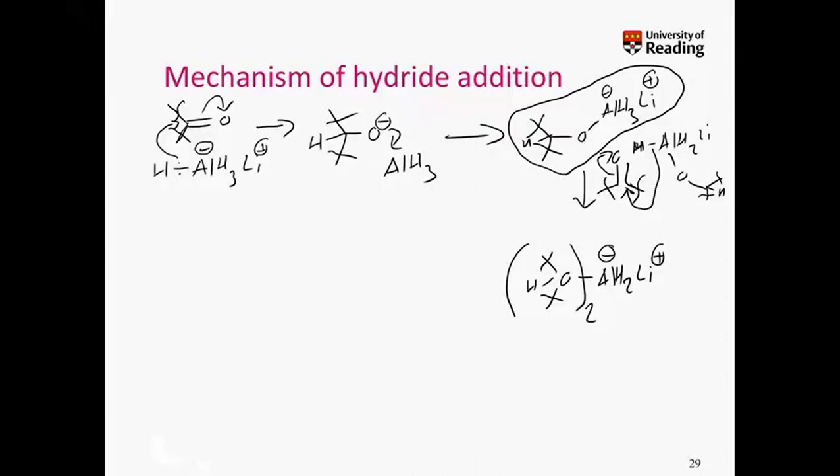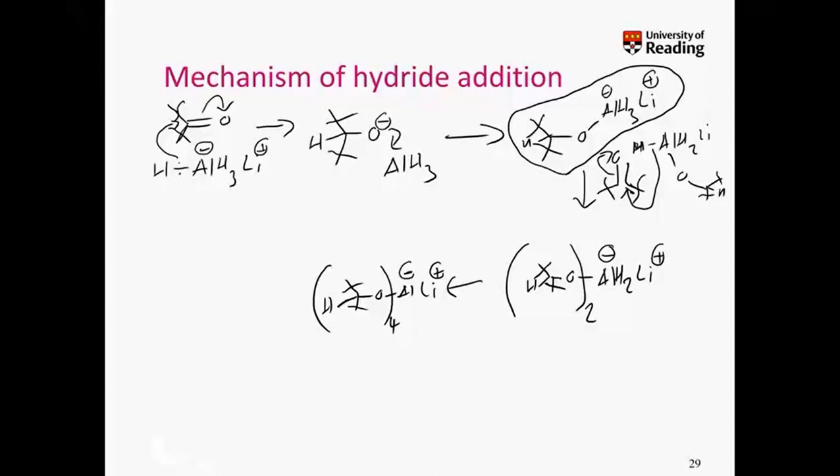So then, of course, you can carry on, you can add another couple, and eventually you can end up with more of them attached. You can end up with 4 of them there. Okay, so for every molecule of lithium aluminium hydride you add, it can react with 4 carbonyl groups. So you end up with this complex with 4 things.